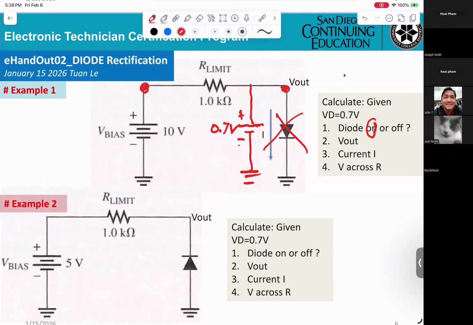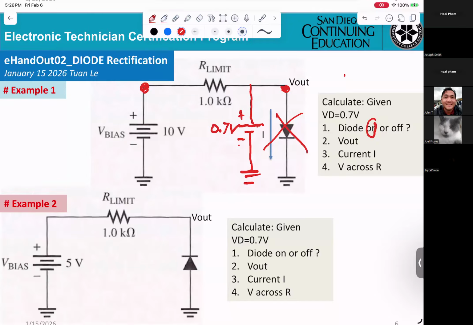What does V out equal? Is it 0.7 milliamps?